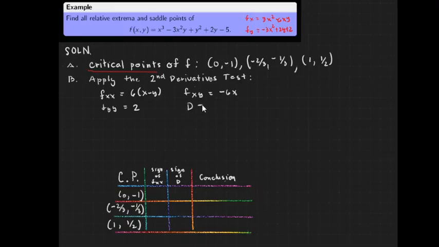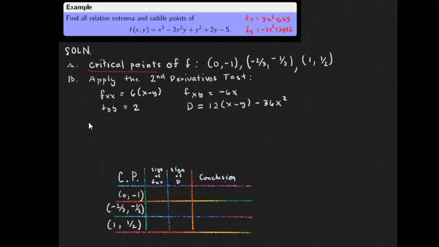And we also have to compute the discriminant, which is fxx times fyy minus fxy squared. So for this function, the discriminant at any point (x, y) is 2 times 6, so 12 times (x minus y), minus the square of fxy, so 36x squared.